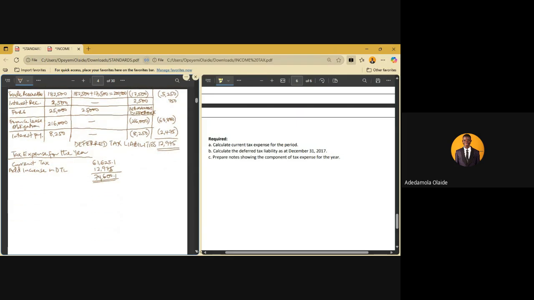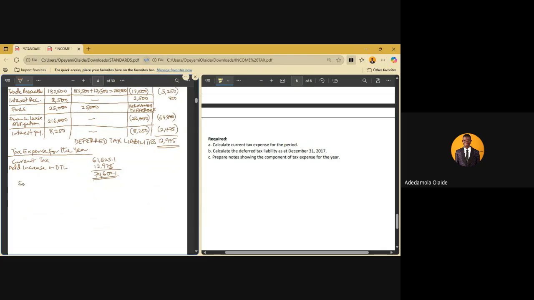So even though they did not ask us, if we are to show the SOPL extract, we'll have income tax expenses of 74,600.1.